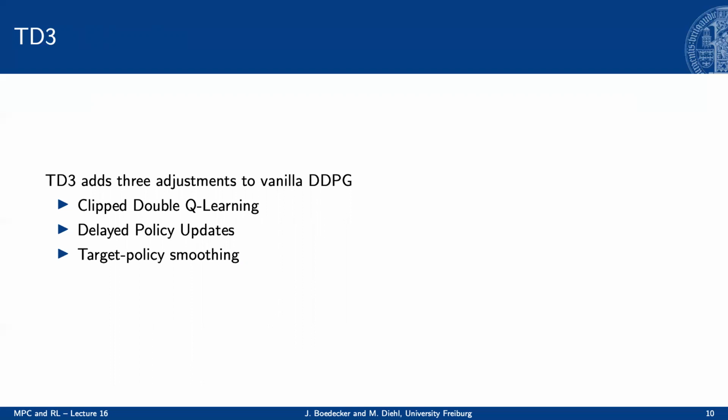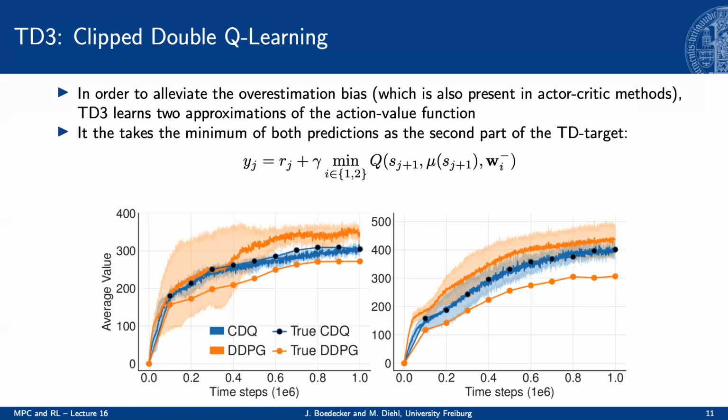A version of the double Q learning that we talked about, delayed policy updates, so it will update the policy slower than it will update the critic. And it also introduces another kind of smoothing, which adds some noise on the targets in order to basically regularize the targets a little bit more. And that can lead to more stable learning. So let's take a look at these different improvements here.